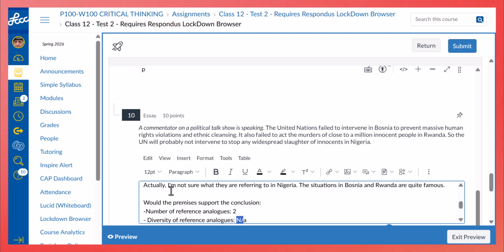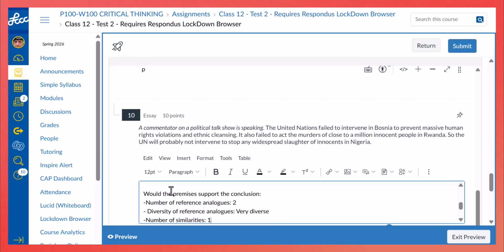Two, diversity of the reference analogs. Actually, I mean, very different people, very different contexts, different cultural contexts. So diversity, very diverse. Relevance, a number of similarities. I'm just going to stick with one because we're just going to count is a human rights violation as one.